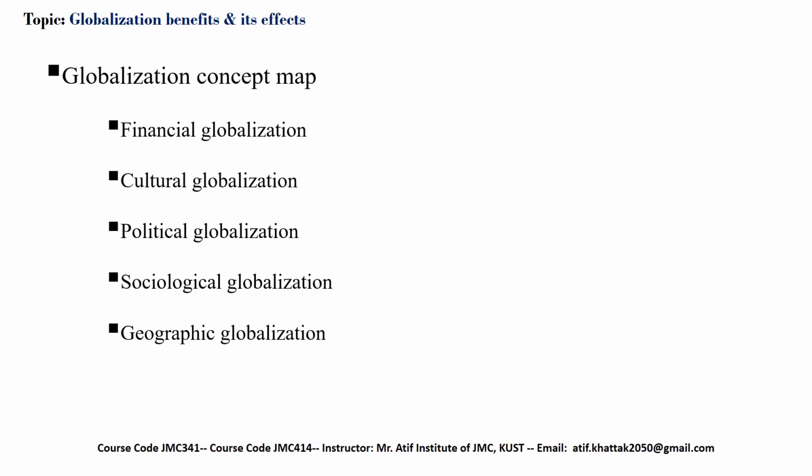The fourth one is sociological globalization. Here, information moves almost in real time. Together with the interconnection and interdependence of events and their consequences, people move all the time, mixing and integrating different societies. The last one is geographic globalization.